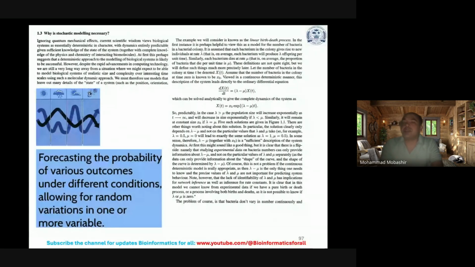The equation which will be used to predict this is dx/dt = (lambda minus mu) x, with x(t). Lambda and mu are the factors which drive it.